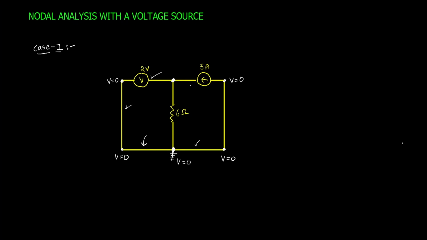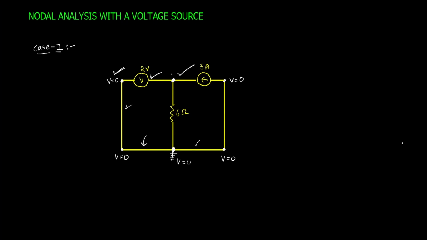Here we can observe that this 2 volt voltage source is connected between the reference node and the non-reference node.